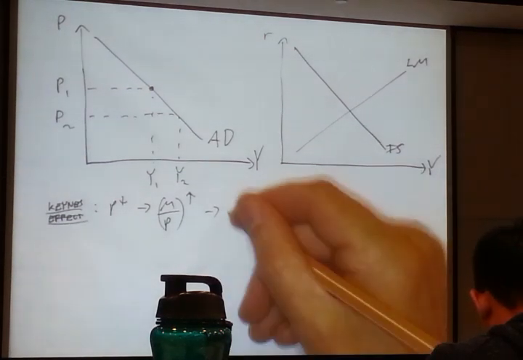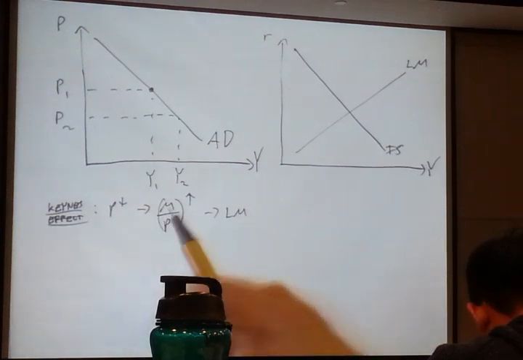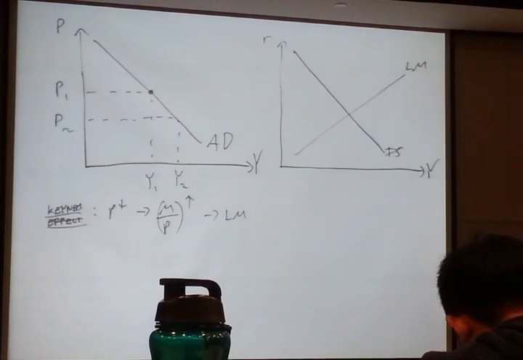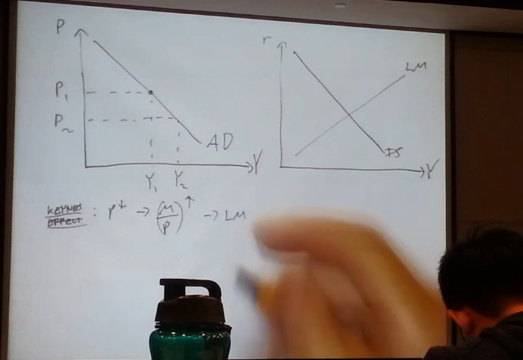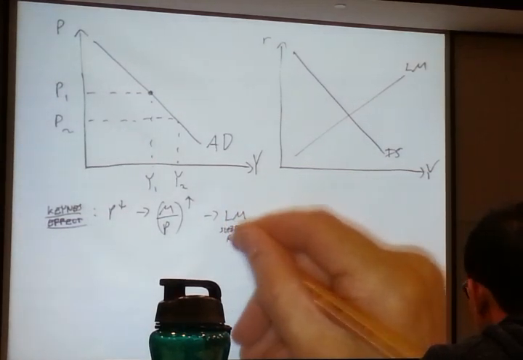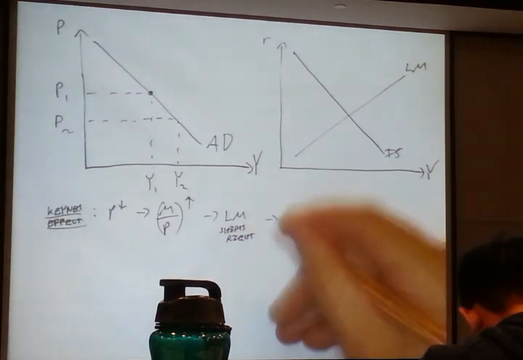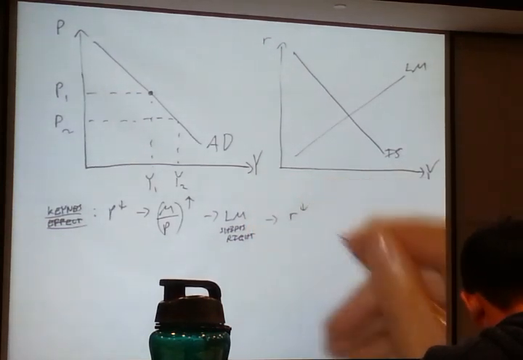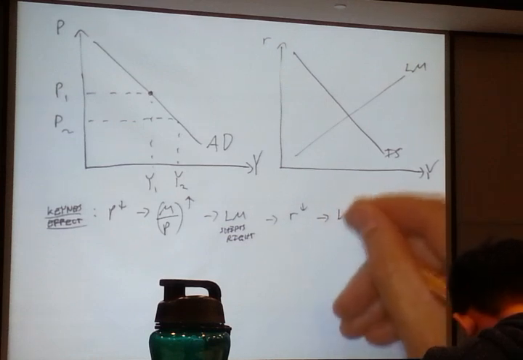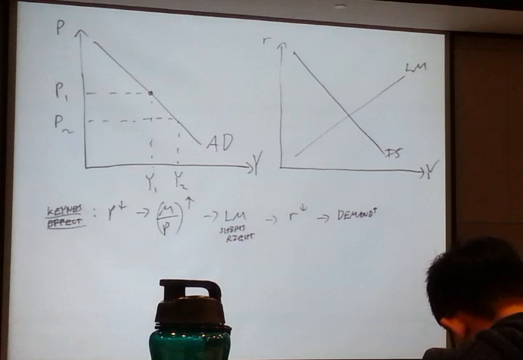It shifts the LM curve to the right, for the same reason that an increase in the money supply will shift the LM curve to the right. That means the interest rate goes down. That means demand goes up, i.e. move along the IS curve.